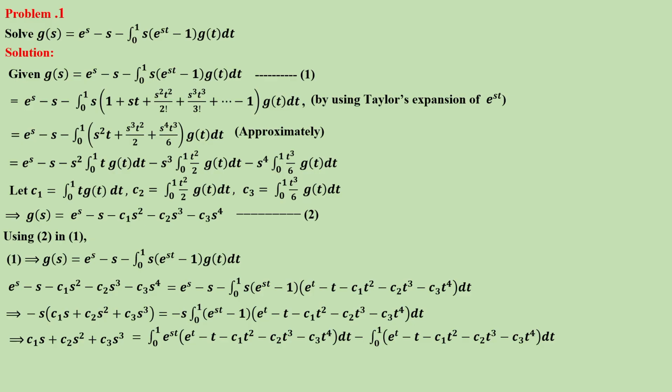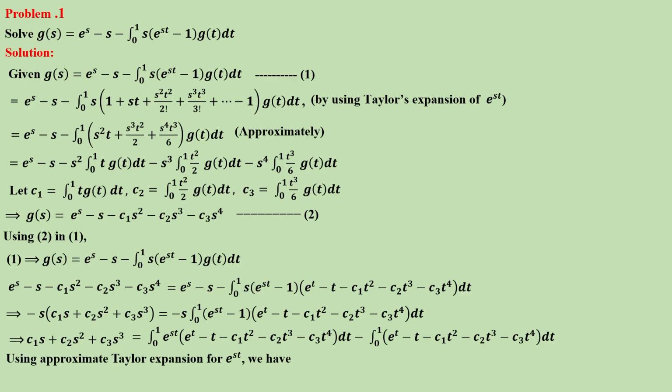integral 0 to 1 e power st into (e power t minus c1 t square minus c2 t cube minus c3 t power 4) dt, minus the second term, right? Minus 1 into, that is integral 0 to 1 in 1, e power t minus c1 t square minus c2 t cube minus c3 t power 4 dt.